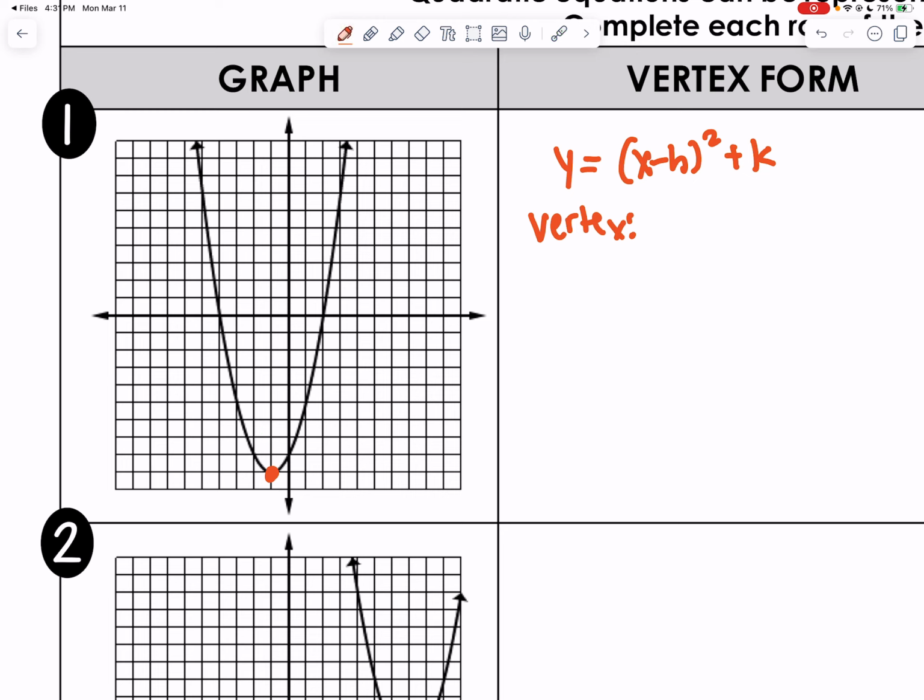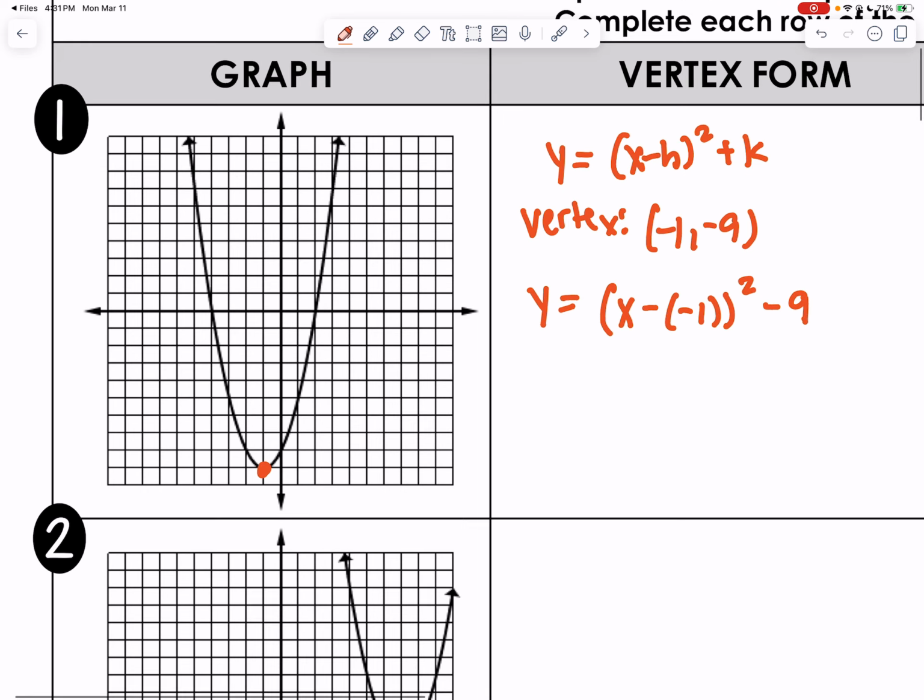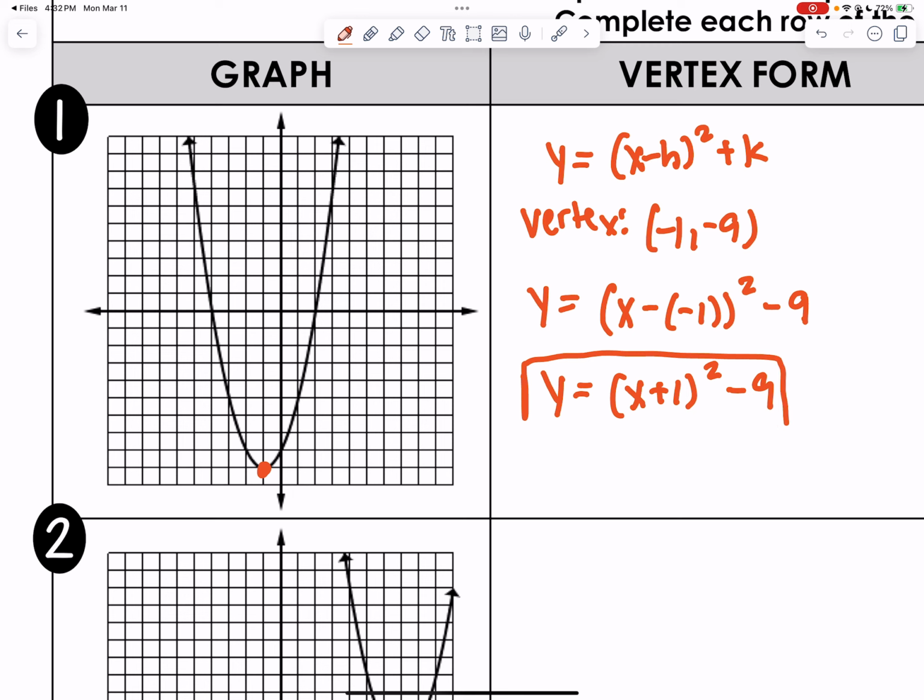So -9. So -1, -9. This tells me that my vertex form is x minus -1 squared minus 9, or of course, x plus 1 squared minus 9. That is vertex form.